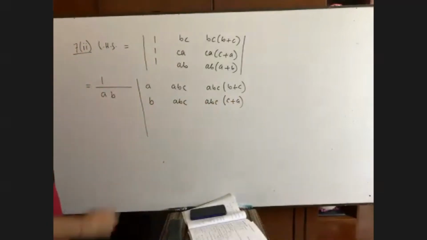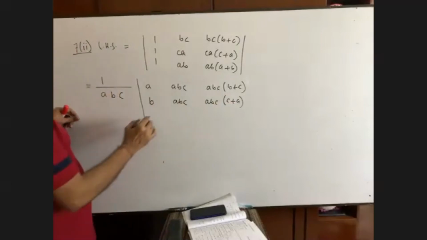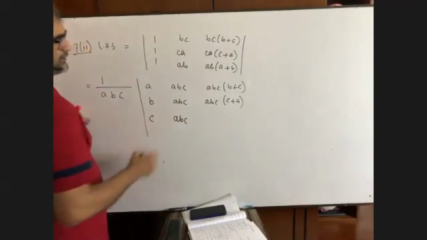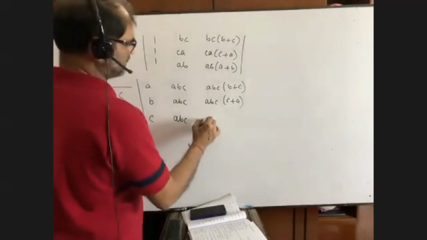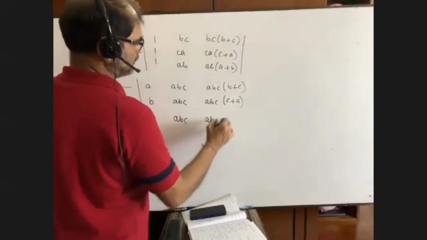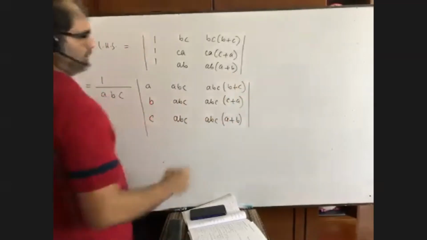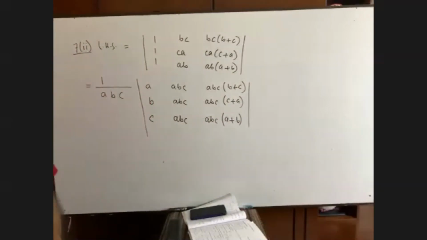Then go for taking C for the third row. It is again ABC into A plus B. Just let me know if you fail to understand.